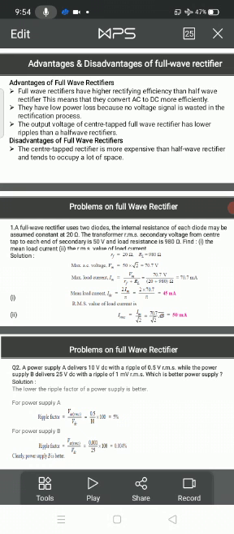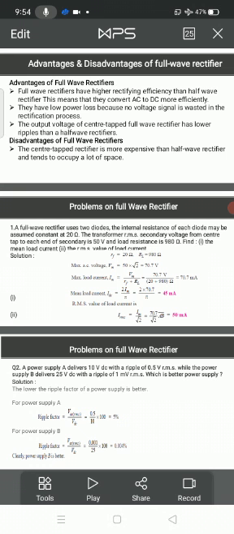A full wave rectifier uses two diodes, which means this is the center tap full wave rectifier. The internal resistance of each diode may be assumed constant at 20 ohms.